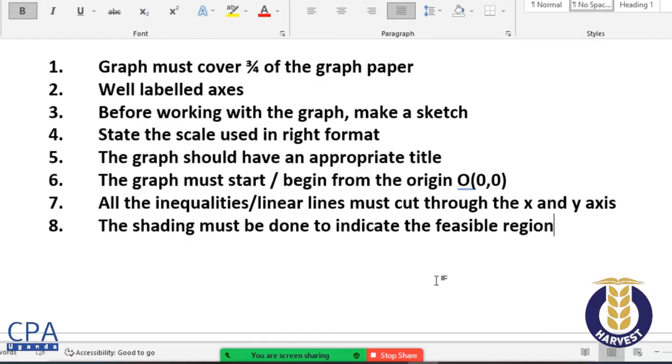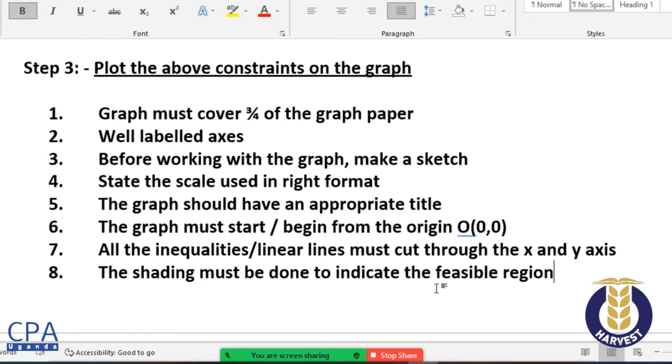So these are our rules. Let's pick up these. We can practice them again. Rule number 1, graph must cover 3/4 of the graph paper. Rule number 2, well labeled axes. Rule number 3, before working with the graph, make a sketch. Rule number 4, state the scale used in the right format.